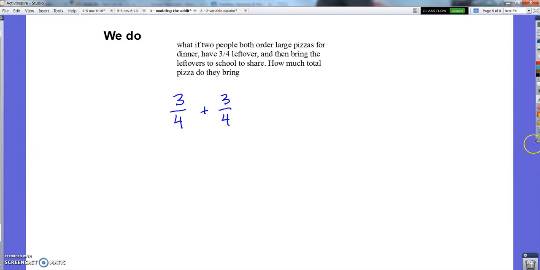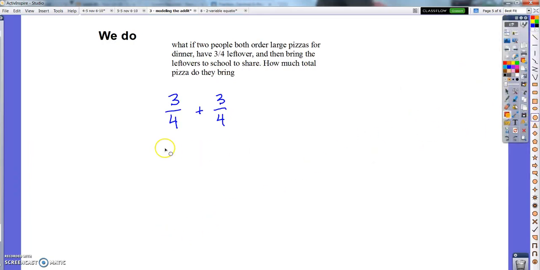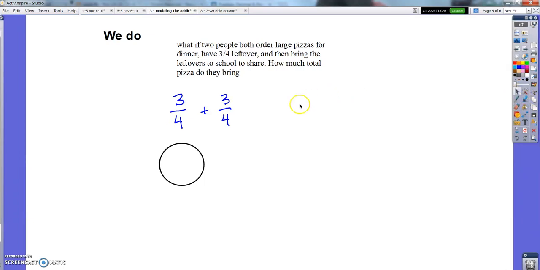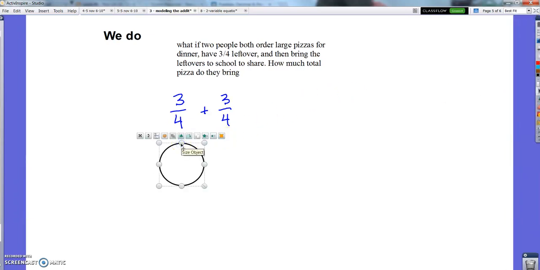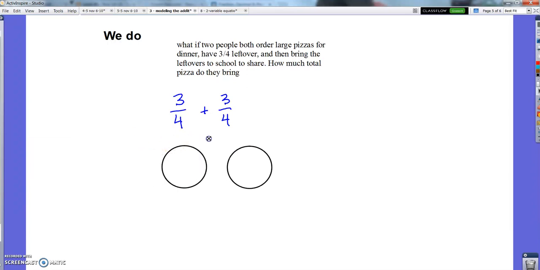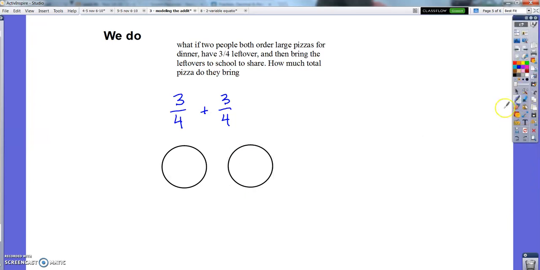So I think, since pizza is usually in circles, I will model that with circles. So let's see, pizza number 1. And remember, if we're going to add them, we can only add the same wholes. So I need my two pizzas to be the same size. Otherwise, this doesn't really work. So I'm kind of thinking like this, right?